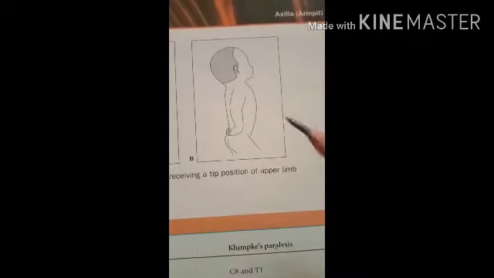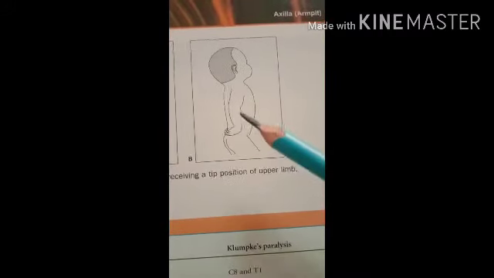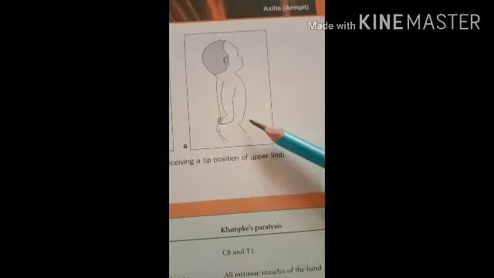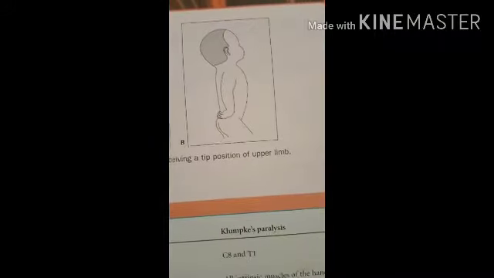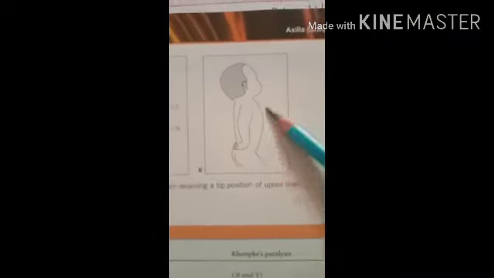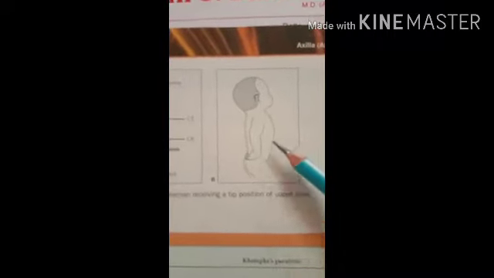The forearm is extended and pronated. So here you can see, this is called Erb's paralysis. The position of the patient is like the policeman receiving a tip position of the upper limb.